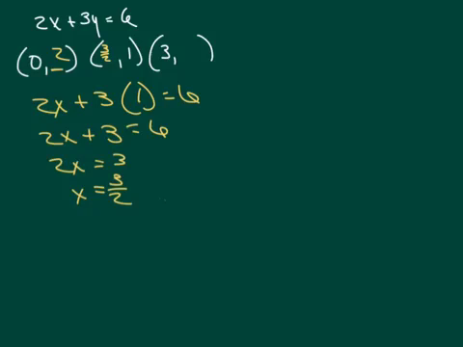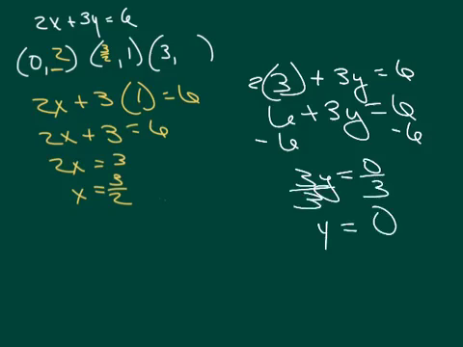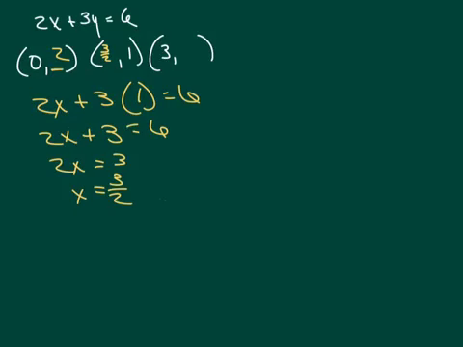We have 3, and we're going to put that in for x. Subtract 6, so we have 3y equals 0, divide by 3, divide by 3, y equals 0 over 3. Anytime you have 0 in the numerator, it's 0, so that goes there. So I just found out the 3 ordered pairs that make that a true statement. There's an infinite number, but we just looked for those 3 there.